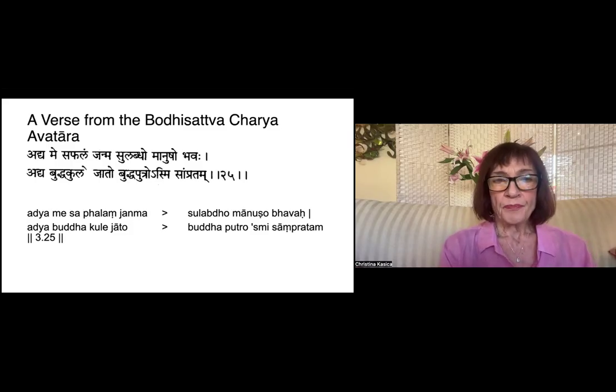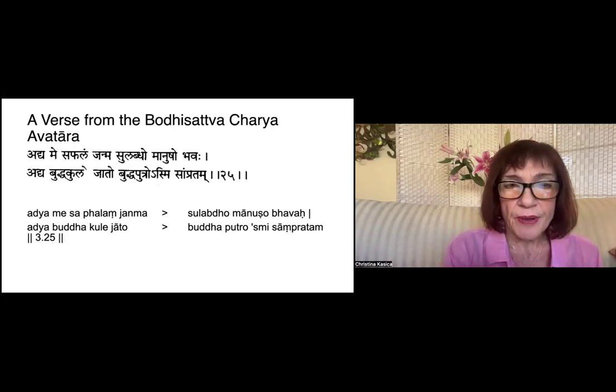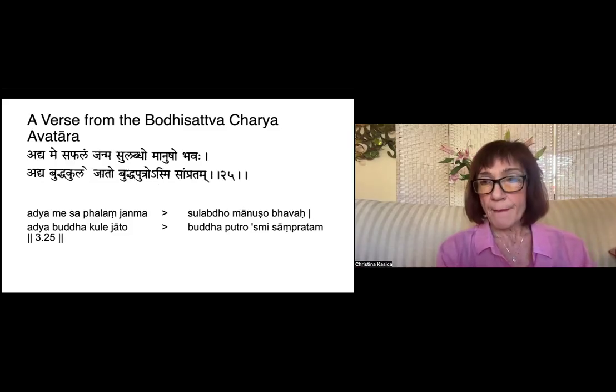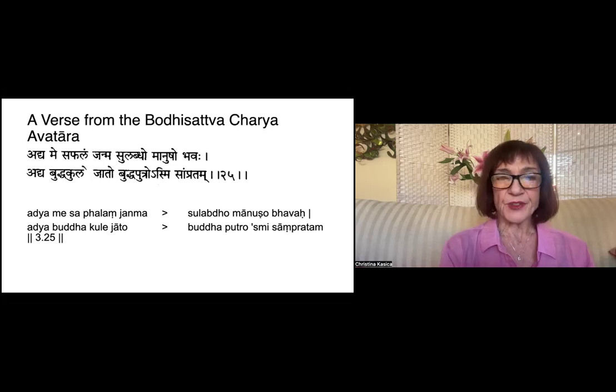All right. Now, another test of what we remember. In sampratam, what is under the letter M? A dot. Okay, and does that mean it's cerebral? No, it's a vowel.